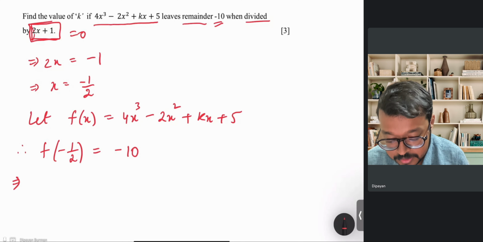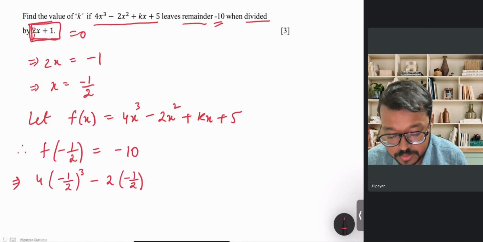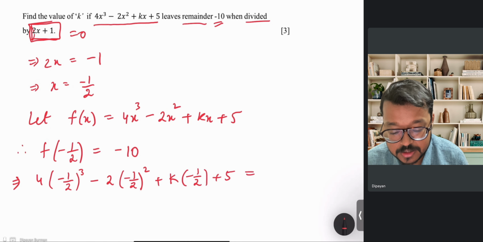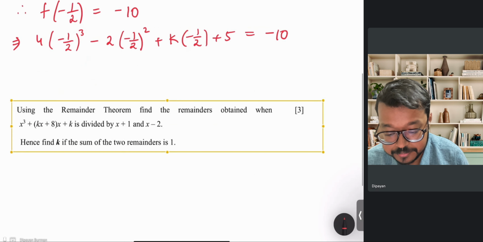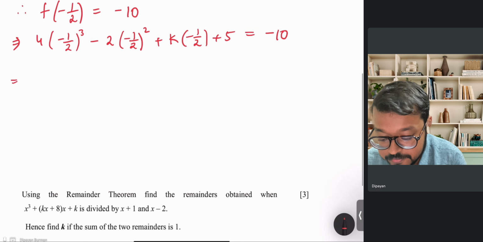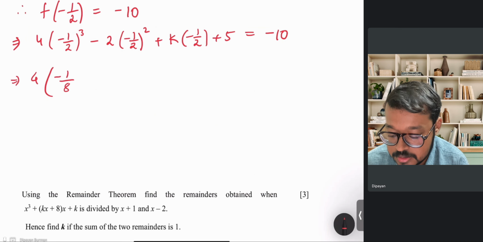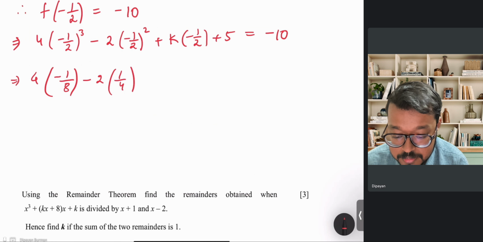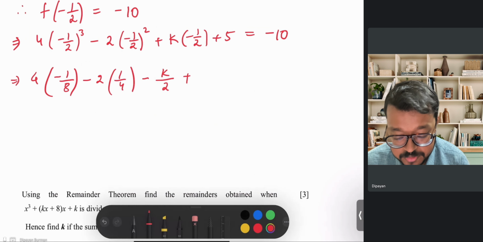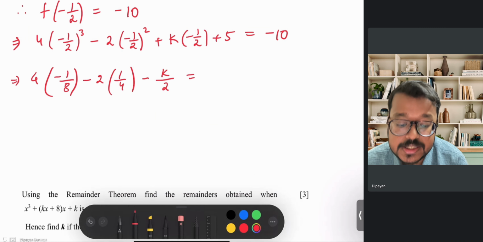So let's plug in the value carefully. 4 into minus 1 by 2 cube minus 2 into minus 1 by 2 square plus k into minus 1 by 2 plus 5 should be equal to minus 10. Now let's solve this carefully. We will have 4 into minus 1 by 2 whole cube is minus 1 by 8, minus 2 into 1 by 4, minus k by 2 plus 5, or let's say we are moving the plus 5 to the other side, it will become minus 5.